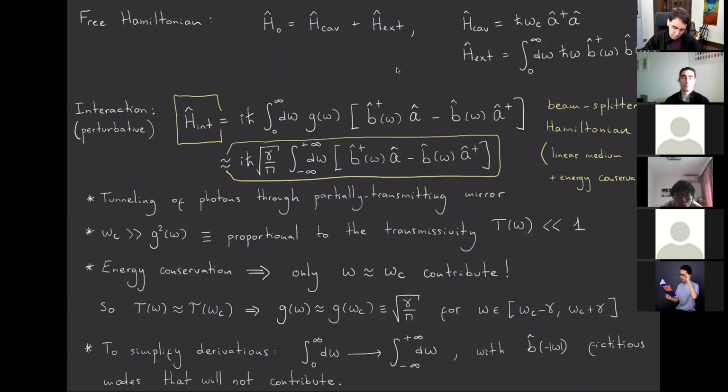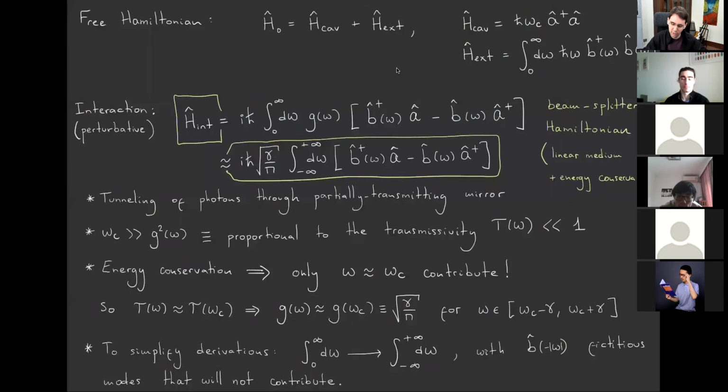But moreover, in order to simplify derivations, as you will see today, we can also introduce some kind of fictitious modes with negative frequencies. Of course, that doesn't make any sense. Frequencies are not negative. But we can mathematically introduce these fictitious modes, and then extend the integrations from minus infinity to plus infinity instead of from 0 to infinity. And as you will see, this simplifies everything.